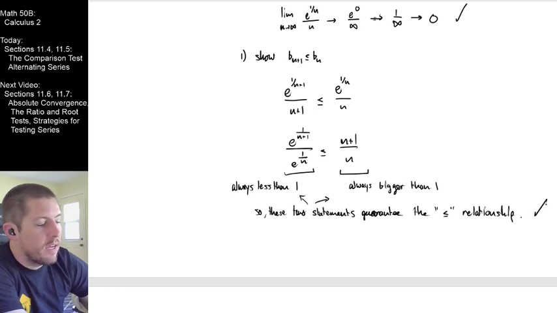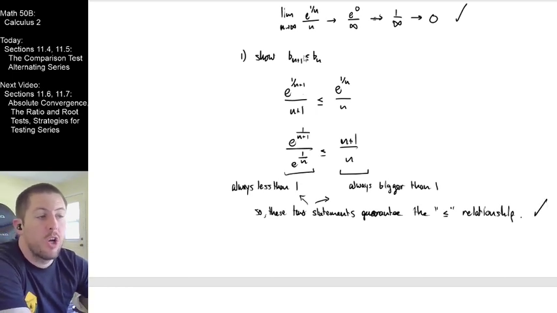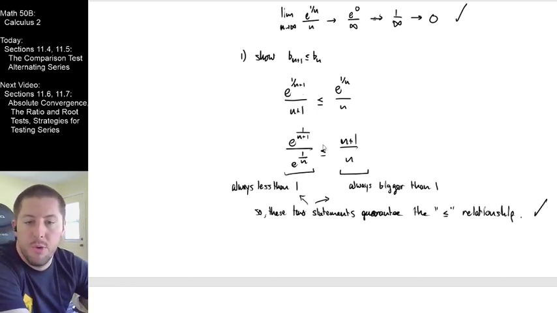So I think that gets us a check mark there as well, right? So again, our goal was to show that that less than or equal to was legit. I showed that the value that was smaller was always less than 1, and that the value that was bigger was always bigger than 1.